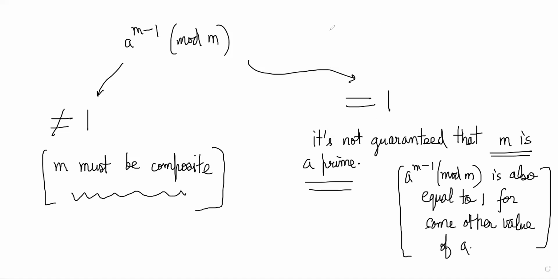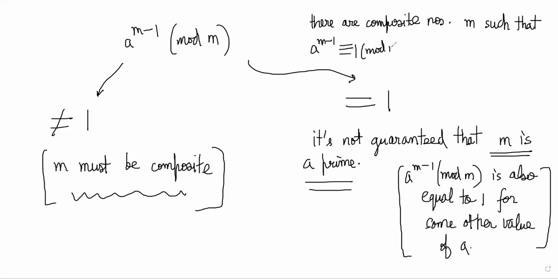For example, I'll give you an example. There are composite numbers m such that a to the power m minus 1 is congruent to 1 mod m for all a such that a and m have GCD 1.